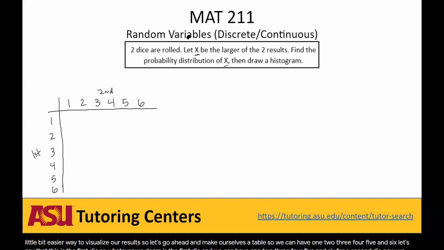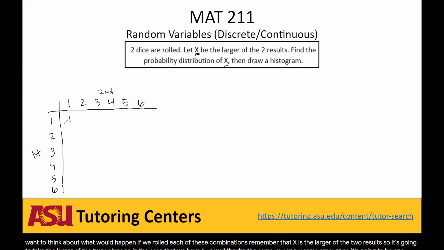So now we want to think about what would happen if we rolled each of these combinations. Remember that X is the larger of the two results, so it's going to take the larger of the two values. So in the case that we have 1 and 1, well, they're the same amount, so it's going to be 1.